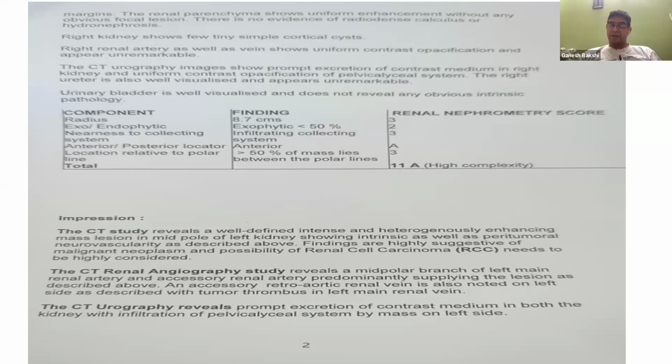I would have said in the exam, even now, if you take my exam, I will do open left radical nephrectomy. At the most, if I'm smart, I'll say with which incision. If the examiner says, okay, I understand, but you describe laparoscopic, then I'll say laparoscopic. That's it.